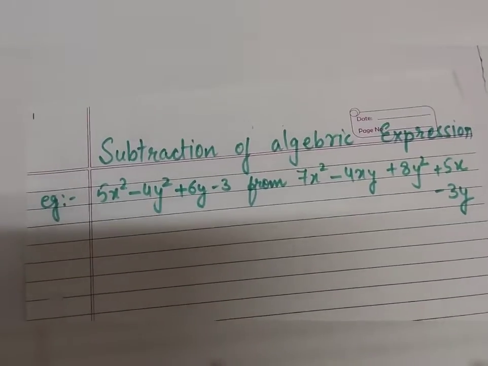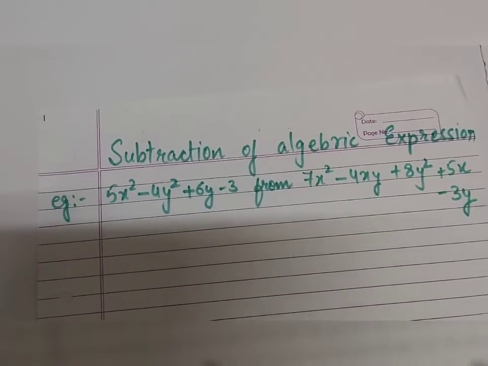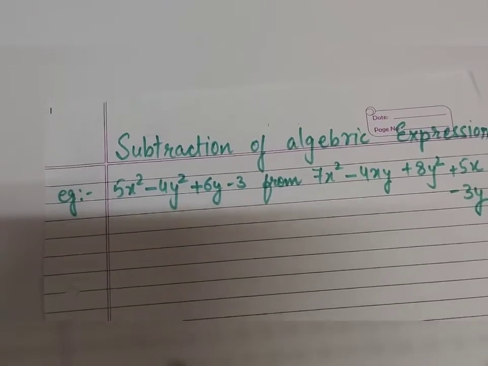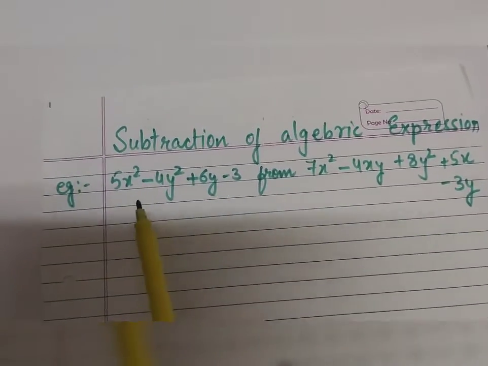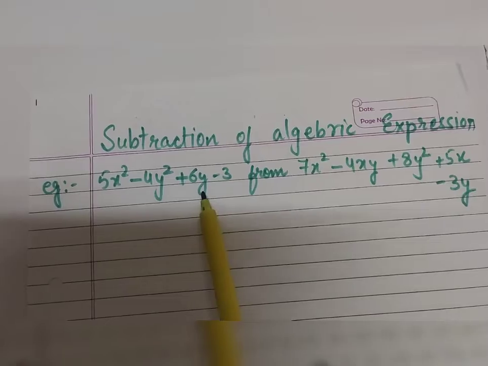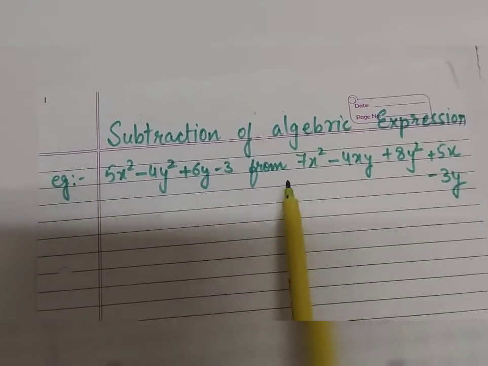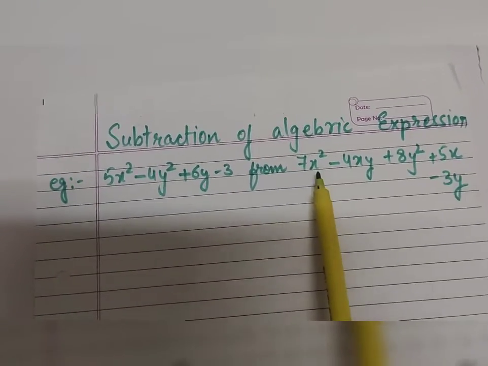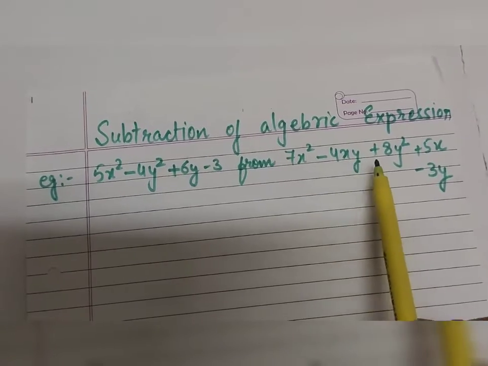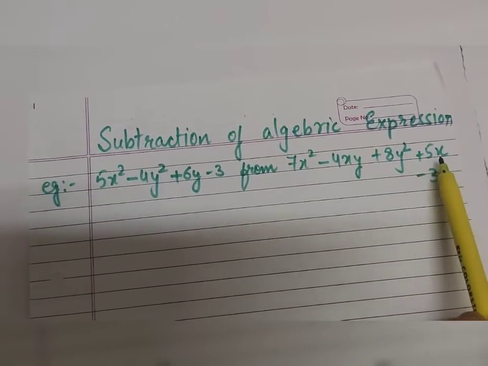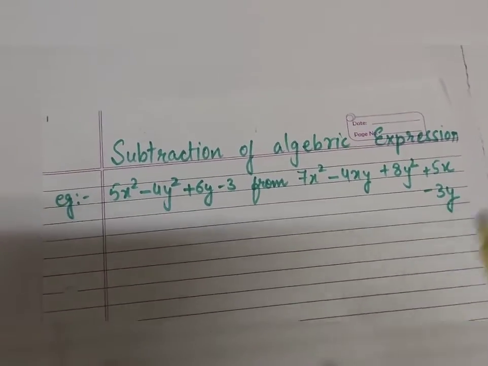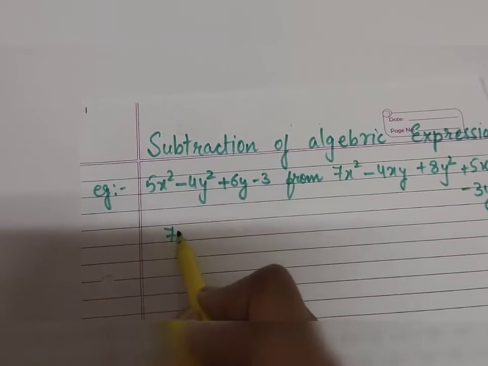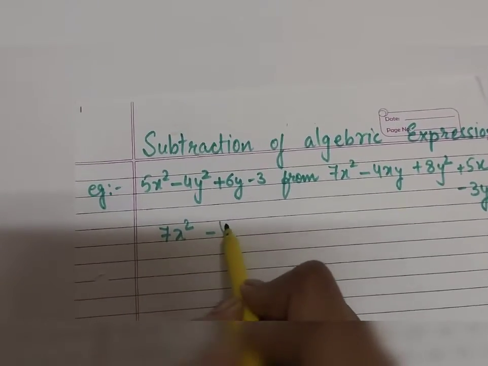Another thing in algebraic expressions we need to know is subtraction. We take the example: subtract 5x square minus 4y plus 6y minus 3 from 7x square minus 4xy plus 8y square plus 5x minus 3y. So we will write it in this form.